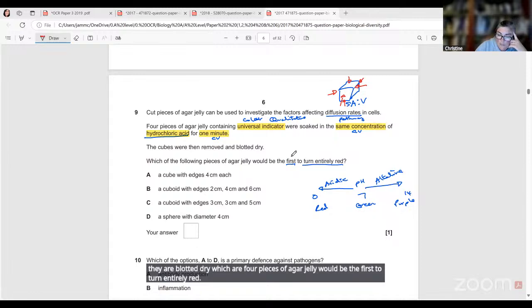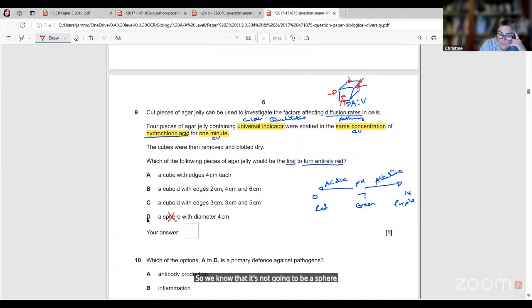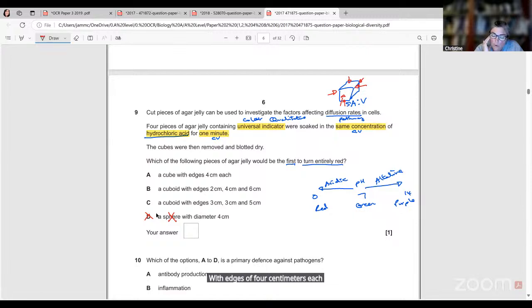So we know that it's not going to be a sphere, so we can remove that from the answer. Now we need to think, okay, is it going to be a cube with edges of 4 centimeters each, or a cuboid? And is that cuboid going to have 2, 4, and 6, or 3, 3, and 5?